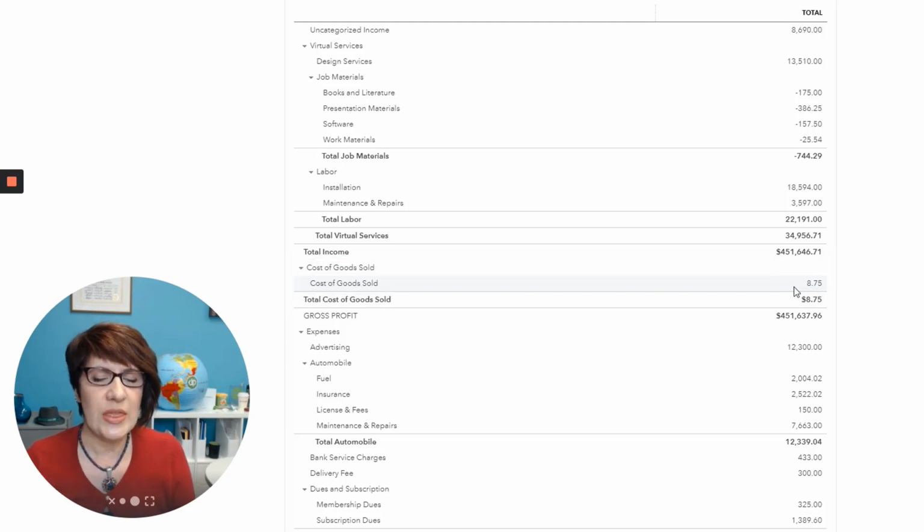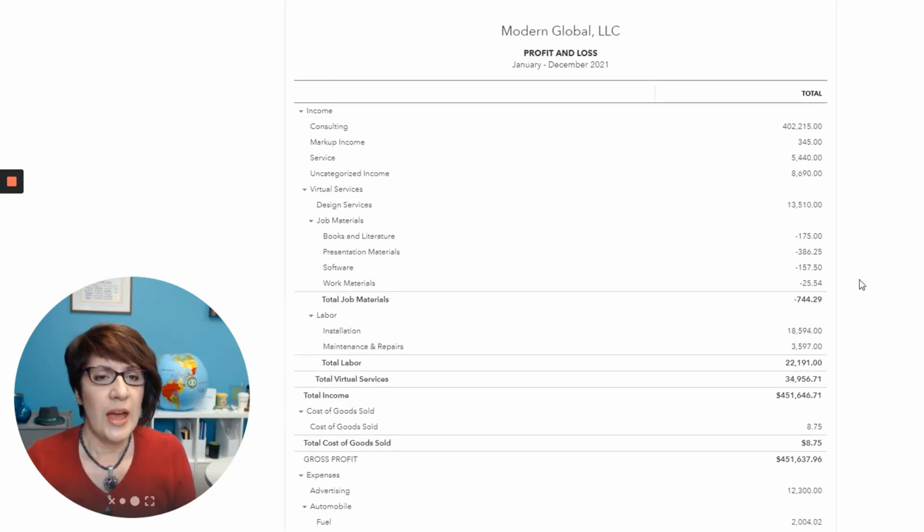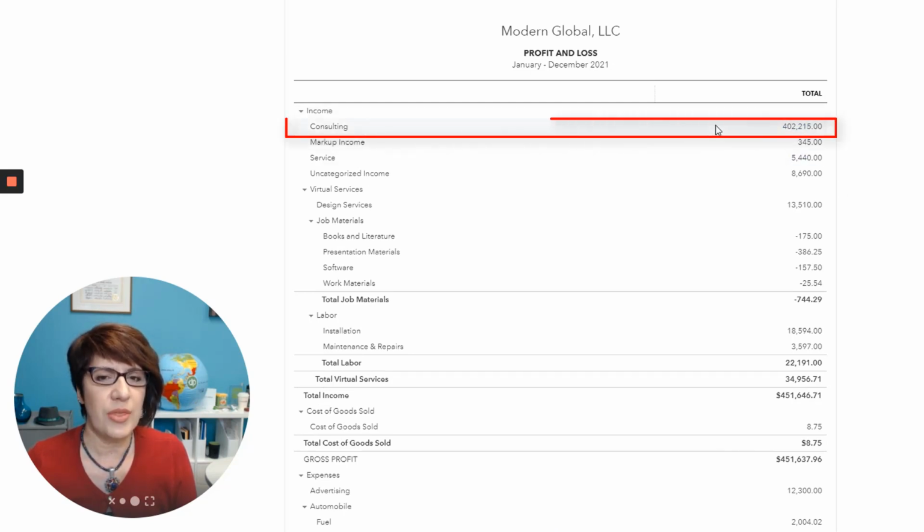So first we have to look at the type of company that we are working with to see whether they should be tracking cost of goods. I'll just call it cost of goods, whether it's cost of goods or cost of sales. So we have Modern Global. As we can see, the bulk of their services is some sort of consulting income.